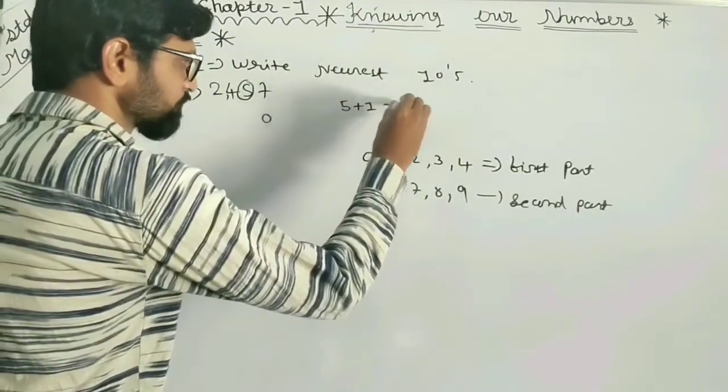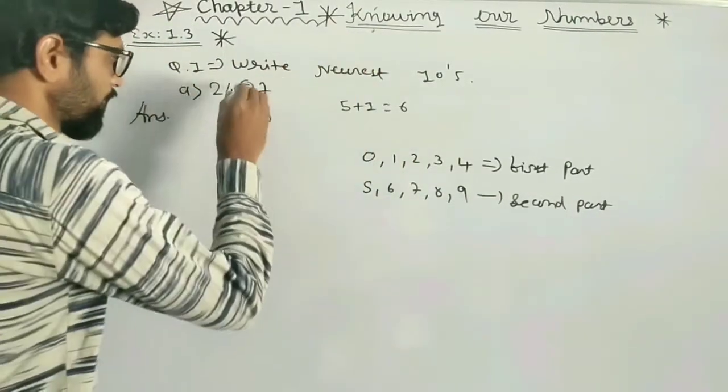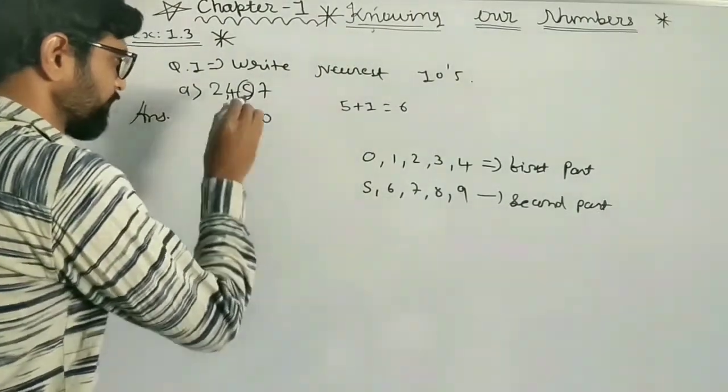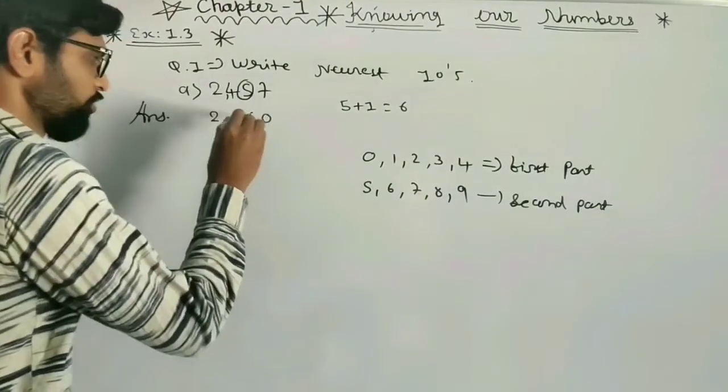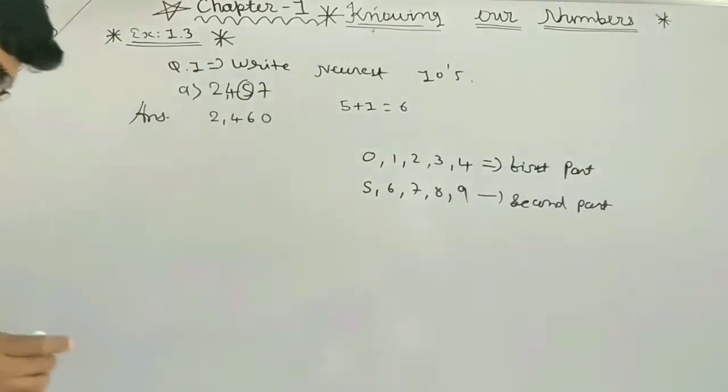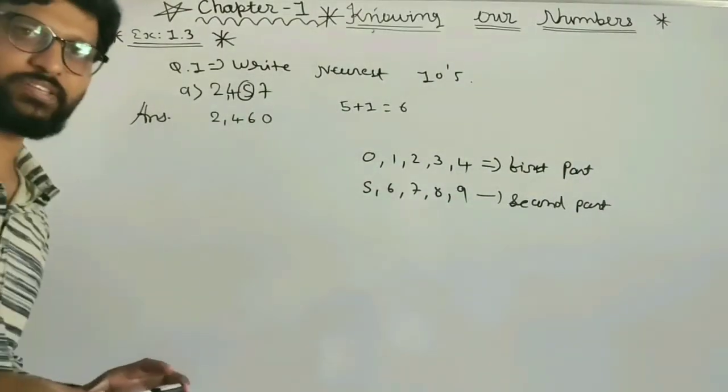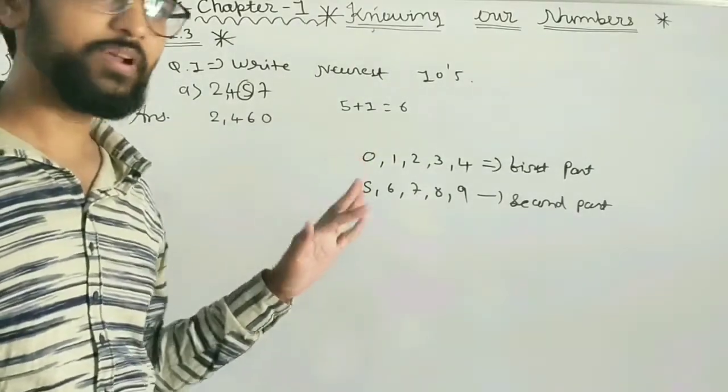What will come? 6. So you have to write 6, then the rest of the amount will be as it is. So your answer will be 2460. Is that clear to everyone?